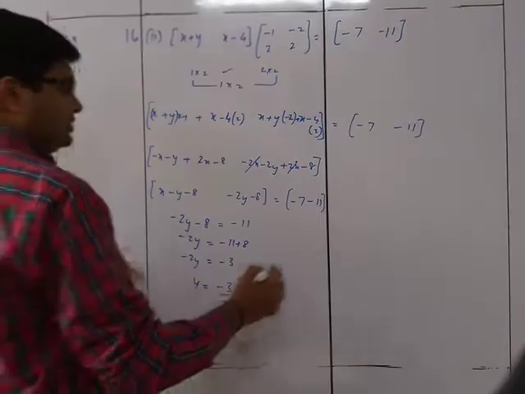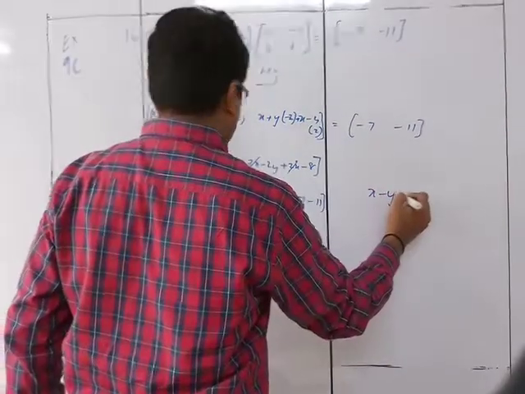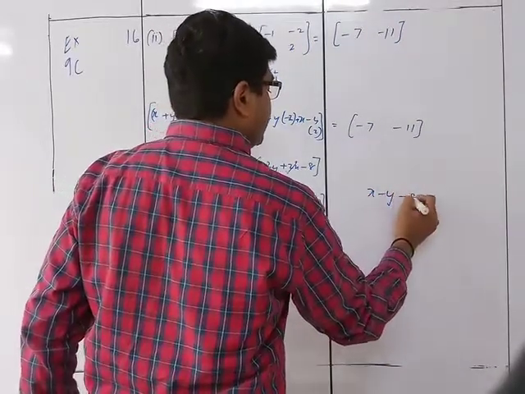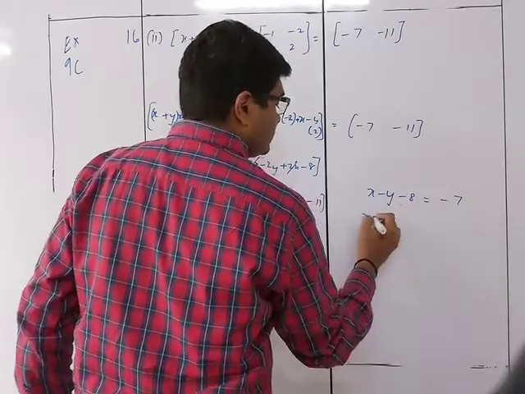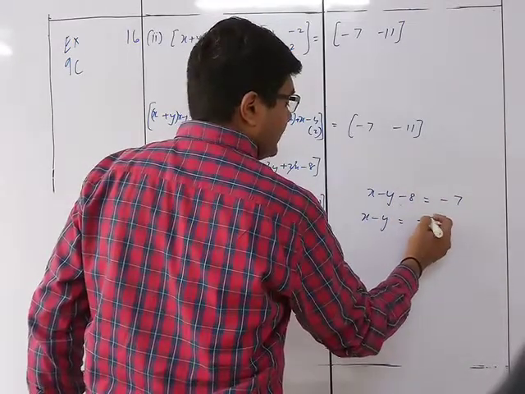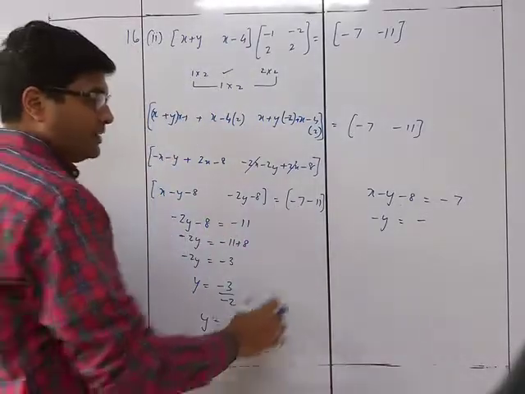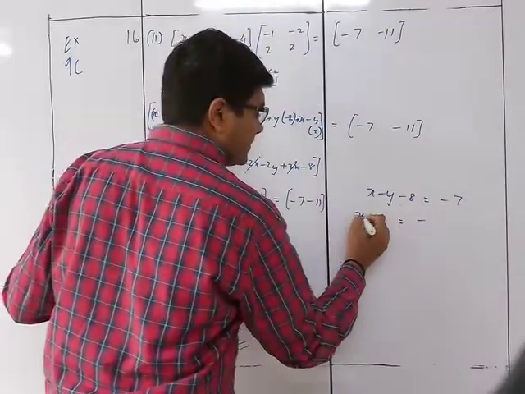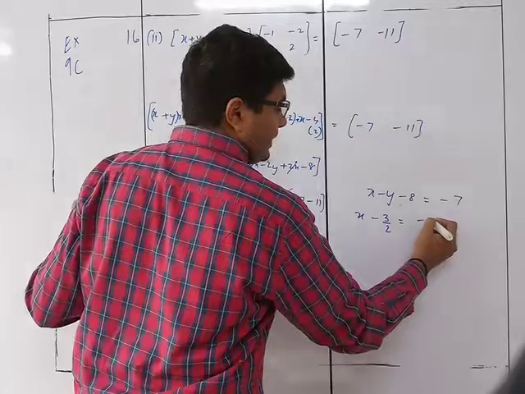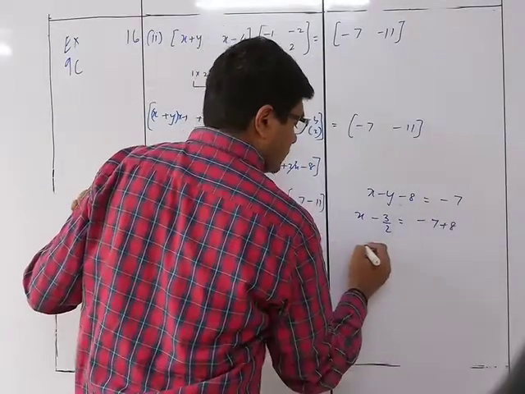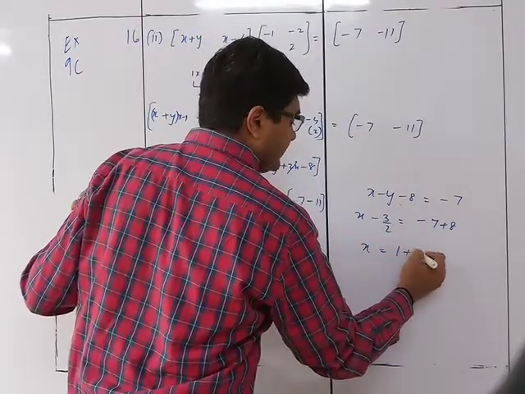Now put in the next equation, that is x minus y minus 8 is equal to minus 7. So x minus y is equal to, now the value of y we already know as 3 upon 2. So x minus 3 upon 2 is equal to minus 7 plus 8. So x is equal to 1 plus 3 upon 2.